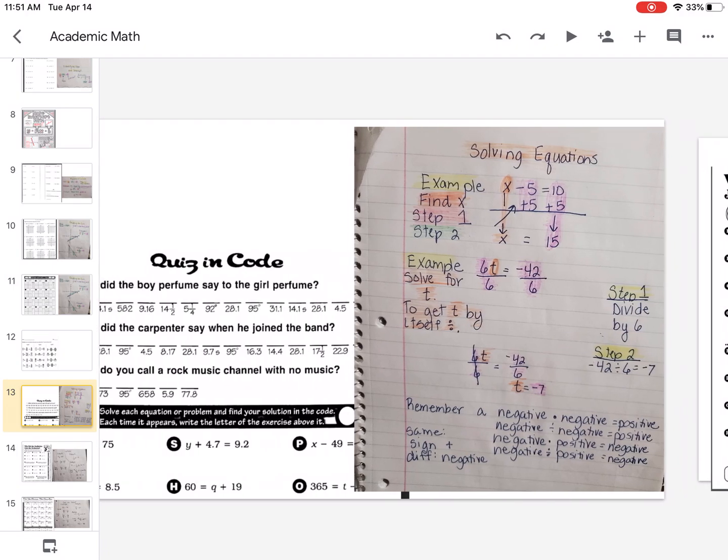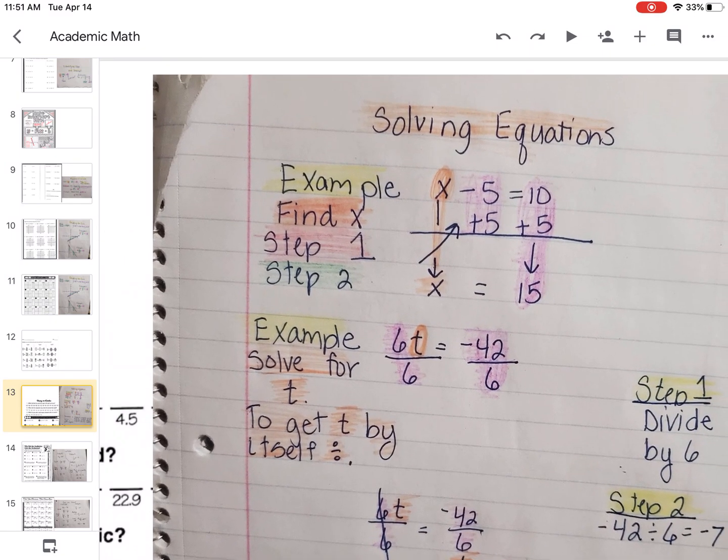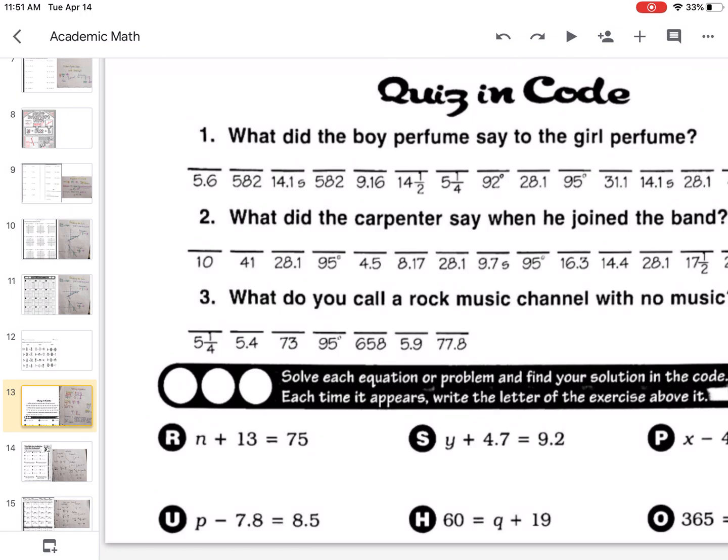If you remember from before, we're getting x by itself. So in this example, I'm getting rid of that -5 by adding 5, crossing those 5's off, and bringing the x down equals 15. Some of these have bigger numbers, but it's the same thing. You can use your calculator to do that.